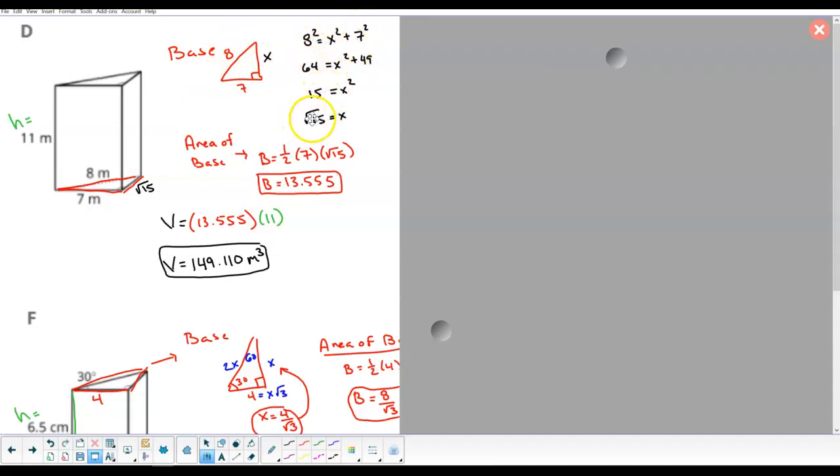When you solve, you get the square root of 15 for this other side length. Now we can find the area of the base by doing the length times width divided by 2. And that will give me the area of the base, which leaves the height to be the distance between the bases of 11. And when you multiply that together, you get a volume of 149.110 meters cubed.